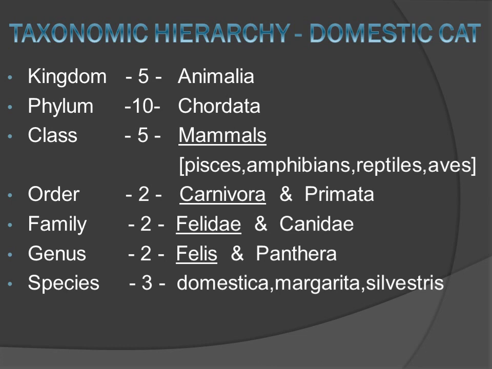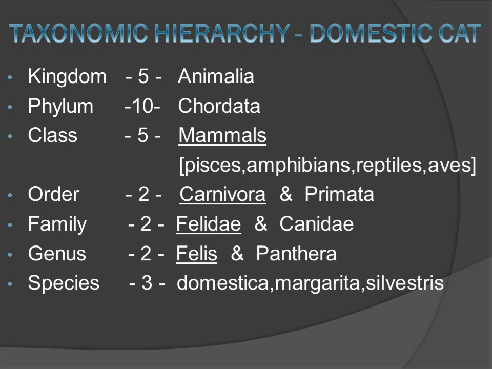As per the five kingdom concept, we are following the five kingdom concept now for this hierarchic order. We have five kingdoms. Do you remember? So what are the five kingdoms? Monera, Protista, Fungi, Plantae, Animalia. So under this, domestic cat comes under the kingdom Animalia.